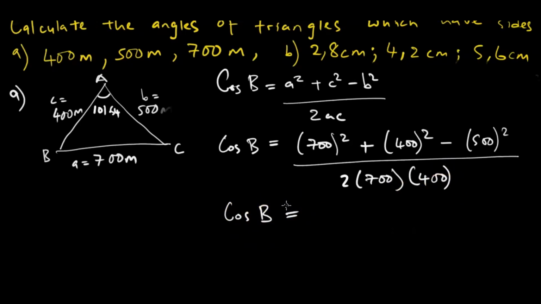What I want to do now is just insert all of that in my calculator. So I'm just going to say 700 squared plus 400 squared minus 500 squared, over 2 multiplying 700, also multiplying 400, to get us an answer of 0.71428571429.